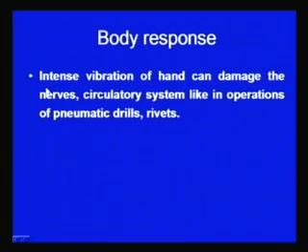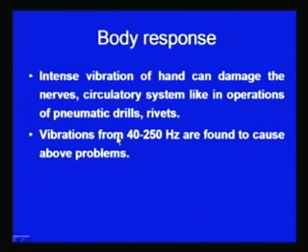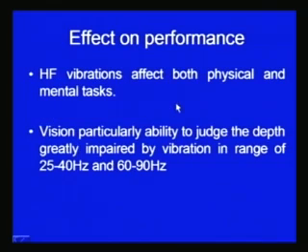Intense vibrations of the hand can damage the nerves and circulatory system, as in operations like pneumatic drills and pneumatic rivet tightening systems. Vibrations from 40 to 250 hertz are found to cause these adverse effects, damaging the nerves and the circulatory system under intense vibration.